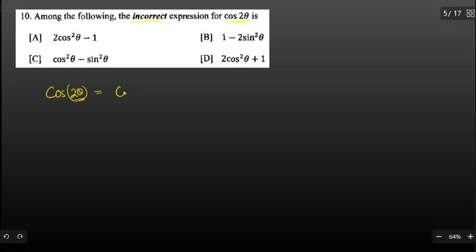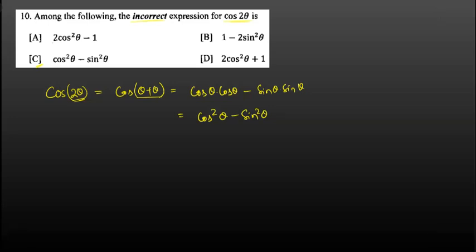Cos 2 theta means cos of theta plus theta; applying the formula for cos A plus B, that is cos A into cos B, that is cos theta into cos theta, minus sin A sin B, sin theta into sin theta, which is equal to cos square theta minus sin square theta. So cos square theta minus sin square theta, option C is getting cancelled.